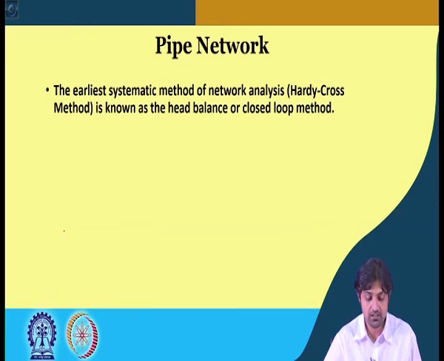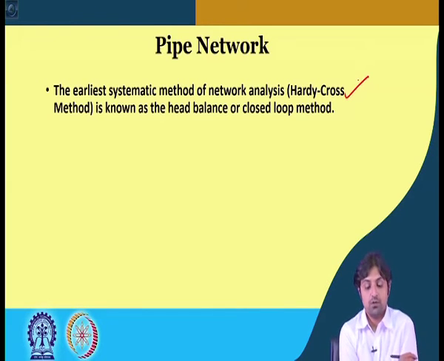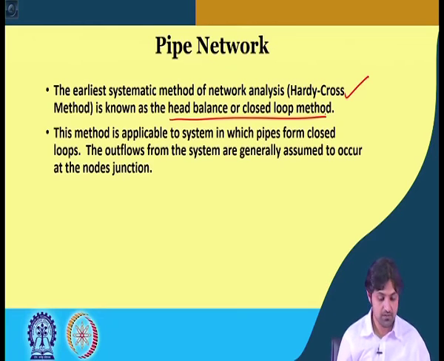The earliest systematic method of network analysis is called the Hardy-Cross method and is known as the head balanced or the closed loop method. So, pipe network is a topic where we are going to study this famous Hardy-Cross method. It is a very systematic way which can be used for solving pipe networks.